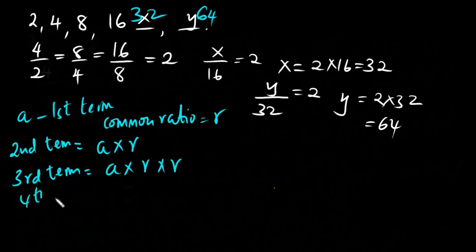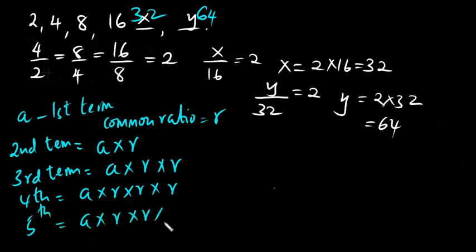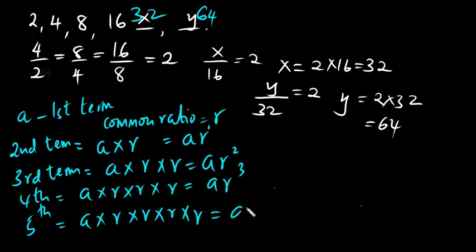And then the fourth term is going to be A times R times R times R. And then the fifth term will be A times R times R times R times R. So this is AR, this is AR squared, or rather AR, we can also write it as AR to the power of 1. And then this one will be AR to power 3. And this one will be AR to power 4.